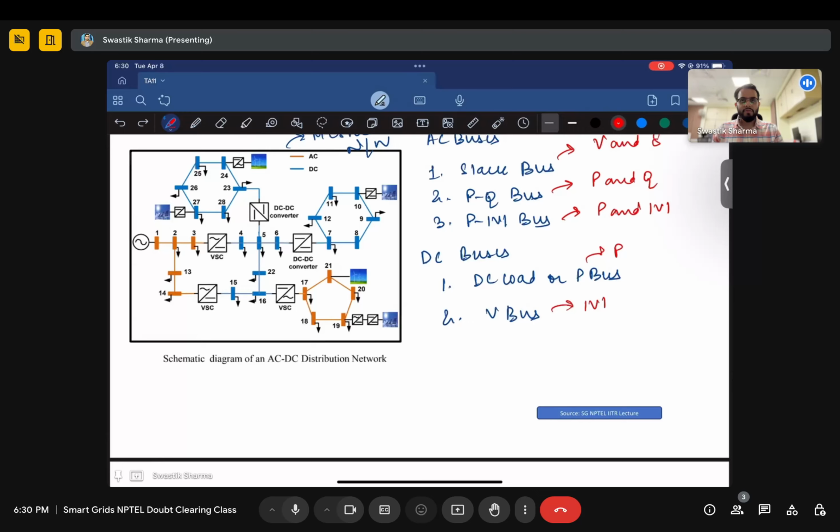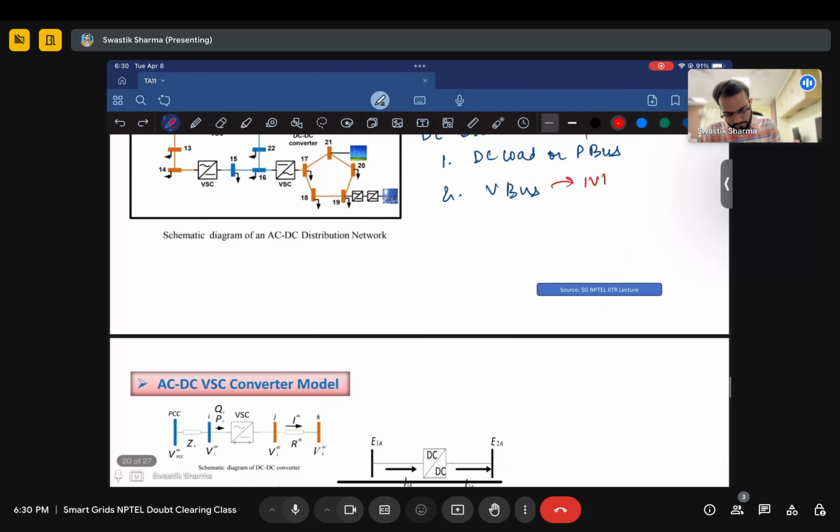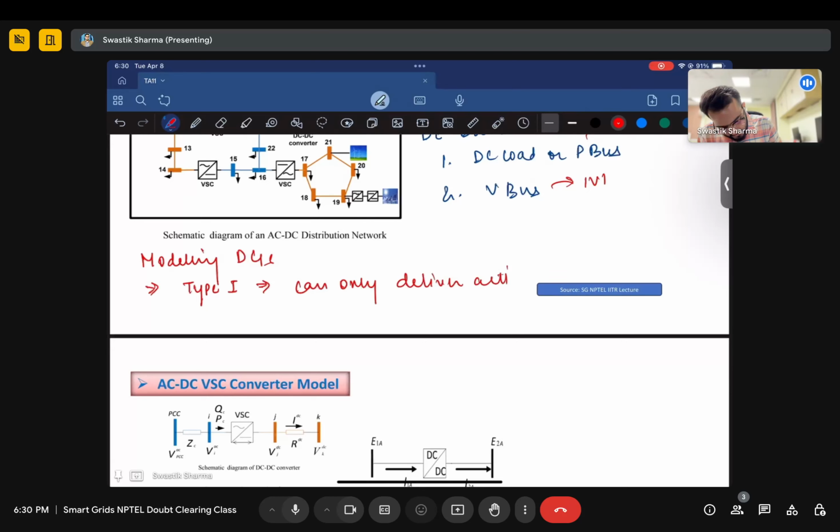And what we do is we want to model these DC buses. And how do we do that? So these models are demarcated into different types. The type 1 caters to those that can only deliver active power. An example is your fuel cell.